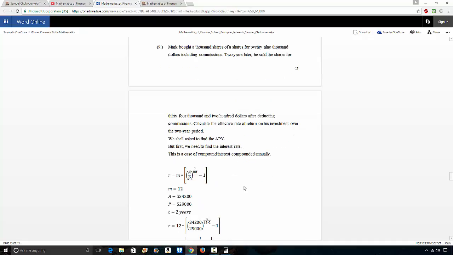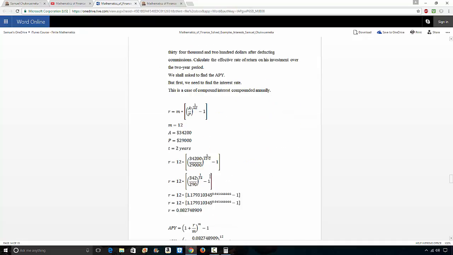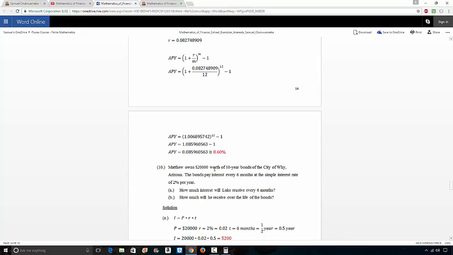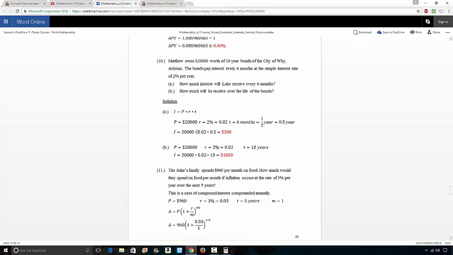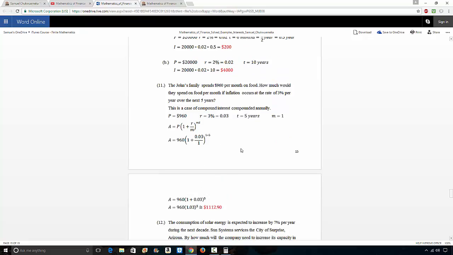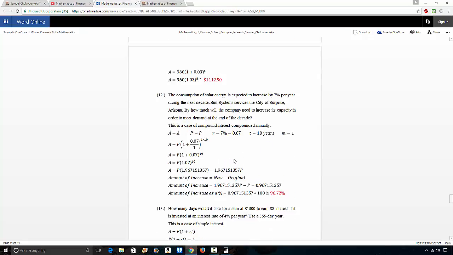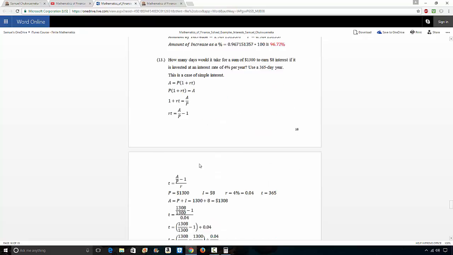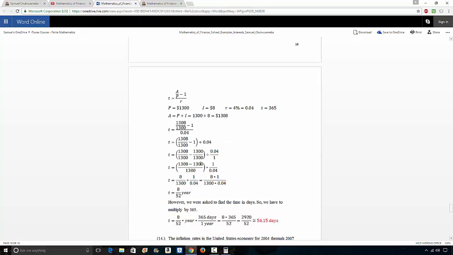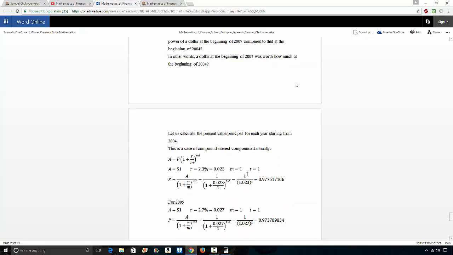Question 9. Yeah, this one we've done. We've done a similar problem like this. So try it. Question 10 is pretty much straightforward. Question 11, 12, 13, and 14, we've done similar problems like this.